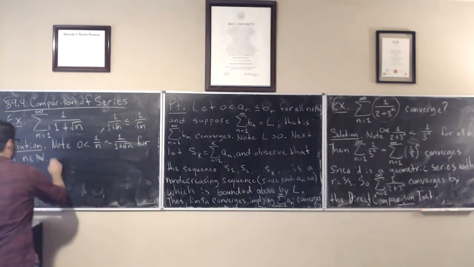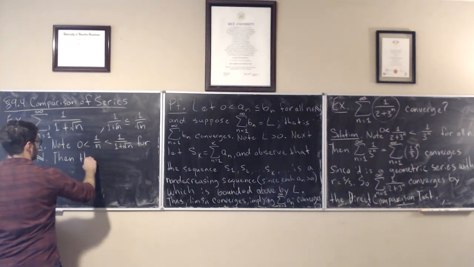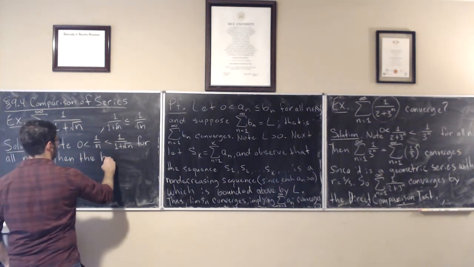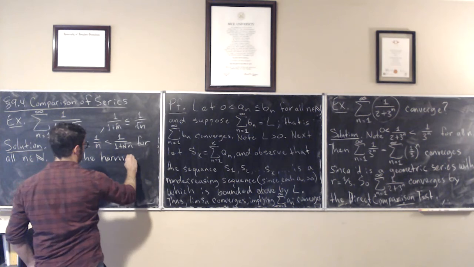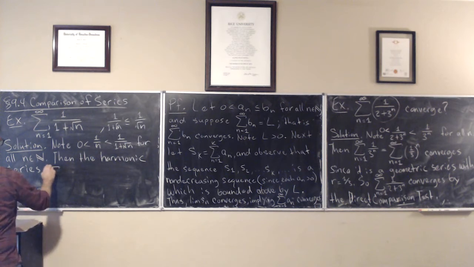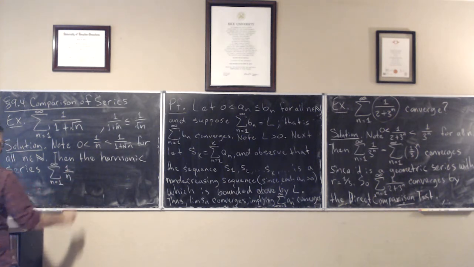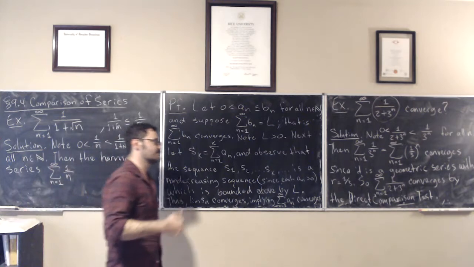So then the harmonic series, the sum from n equals 1 to infinity of 1 over n. The harmonic series is really like a p series with p equals 1.